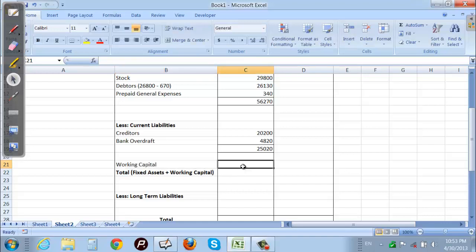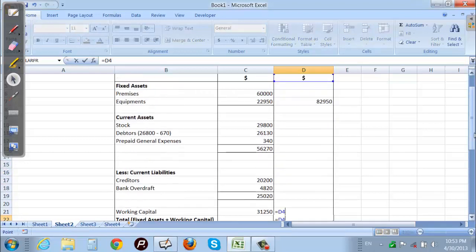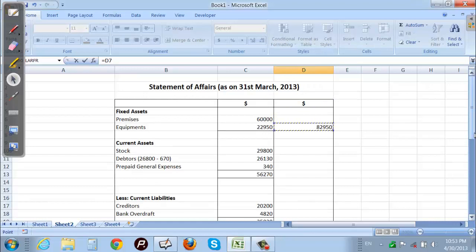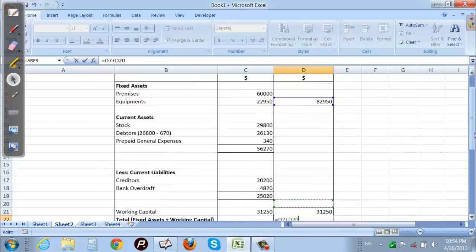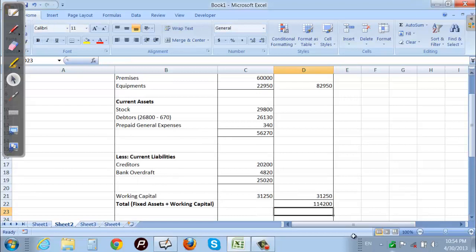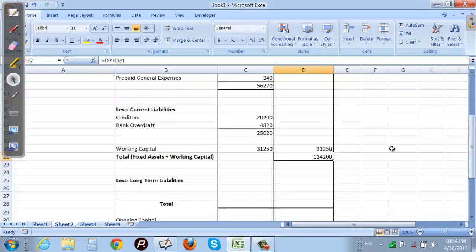So working capital will be $31,250, and this working capital I will write here also, 31,250. Then after this we will make the total of fixed assets and working capital. So our fixed asset is 82,950 plus working capital. So capital employed will come $1,14,200. Then we subtract long-term liability.